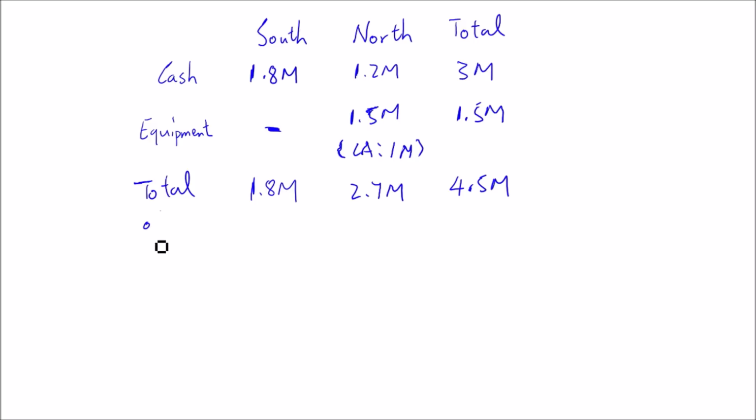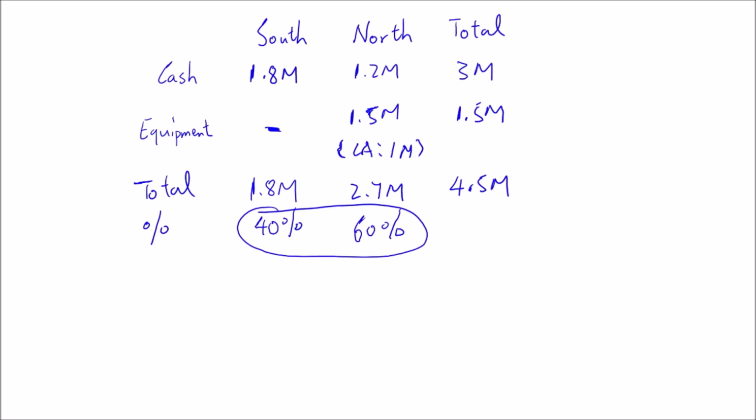So at the end of the table, we're going to write down the percentage. How do we calculate that? Very simply, 1.8 million divided by 4.5 million, you'll find that you will have 40%. On the other hand, North Limited contributed more. After you do the calculation, you'll see that they contribute 60%.